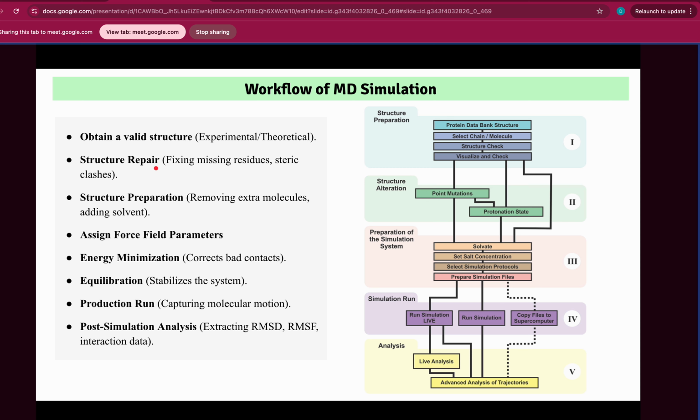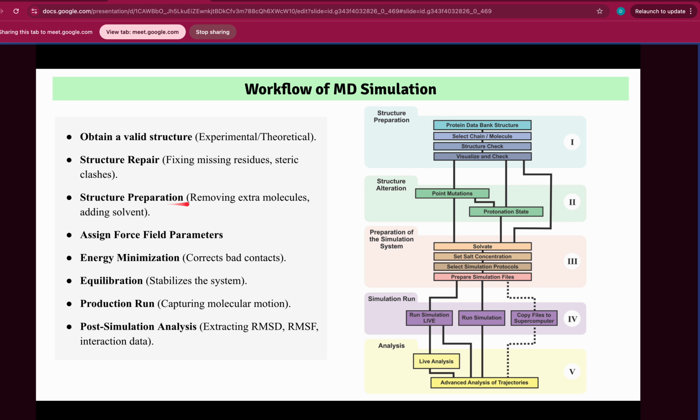What happens in the PDB? When somebody submits a structure, it is possible that there are certain residues for which we were not able to model the structure. So there might be some residues which are missing, for which we do not have the structural information. So we need to repair the structure. We need to fix those residues, and we also need to fix the steric clashes.